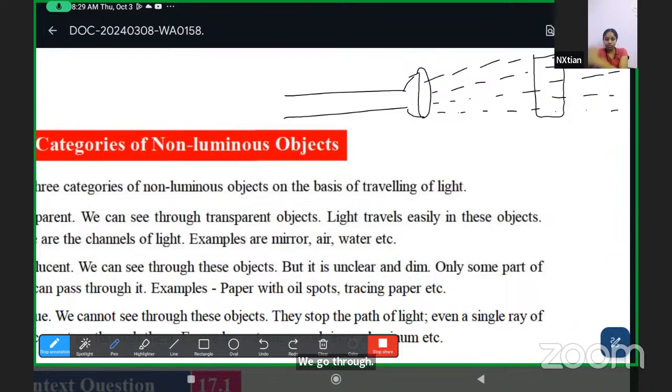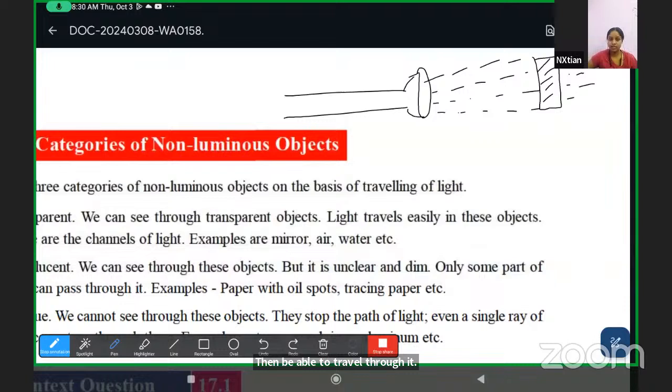It will travel through it. But if there is a translucent pane, then only some light will be able to travel through it.